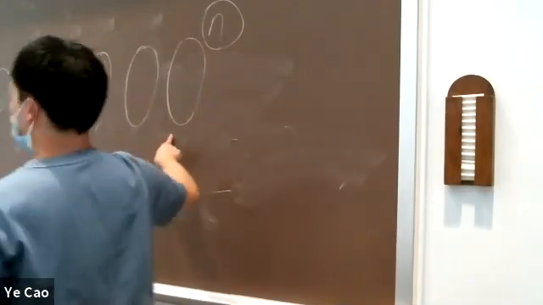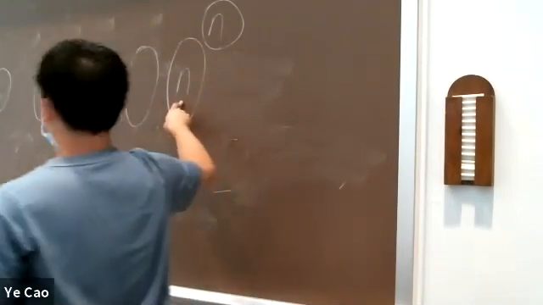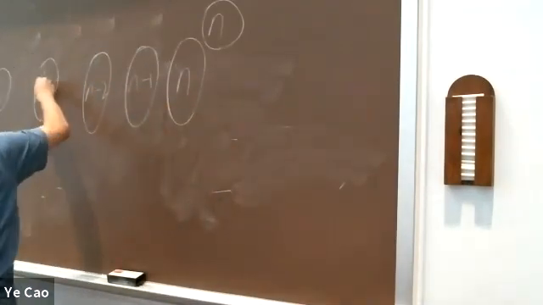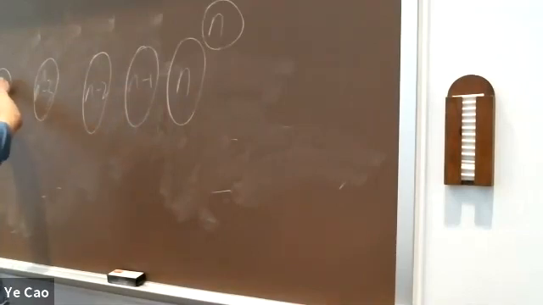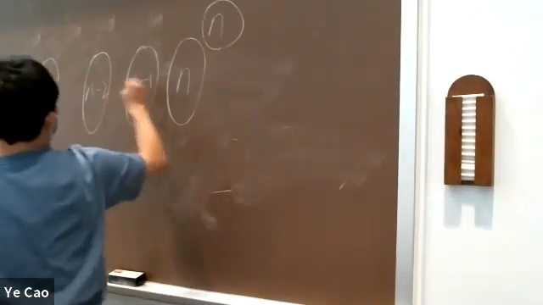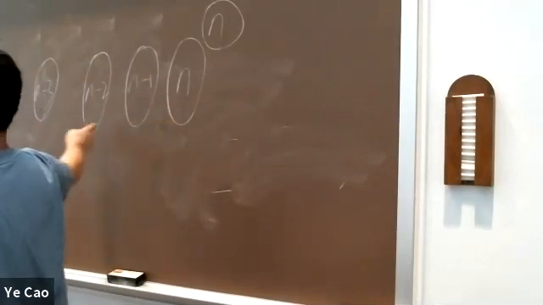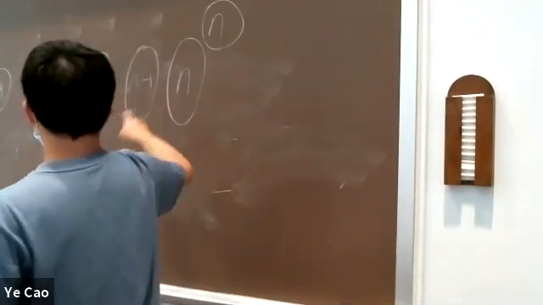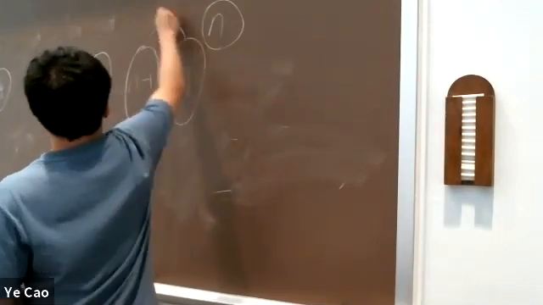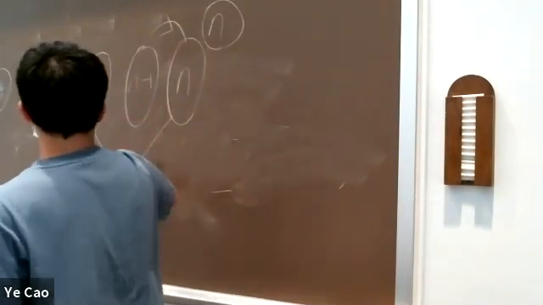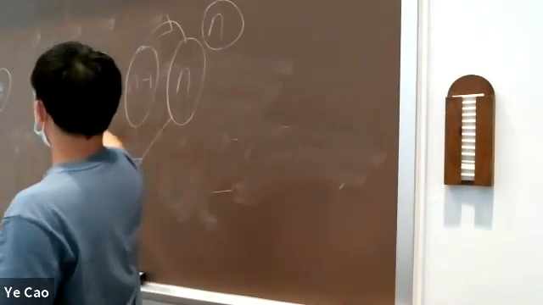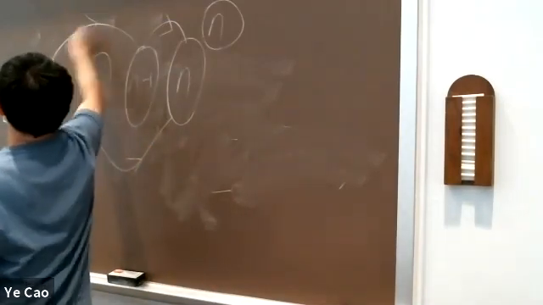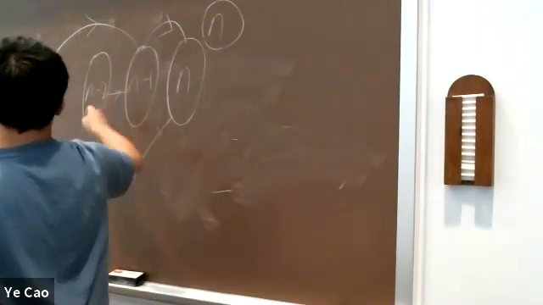We want to compute the value of n. This is the value of n. So this is minus 1, minus 2, and so on. This is the thing that you're trying to compute, and the value of this relies on these two values. So I would say they have dependency on these two values. And this one has dependency on these two values, n-3 and n-2.